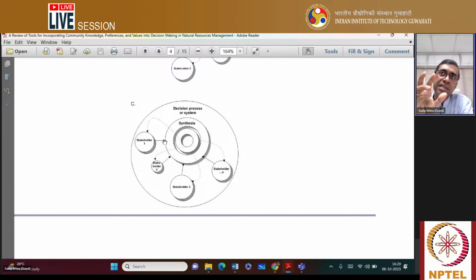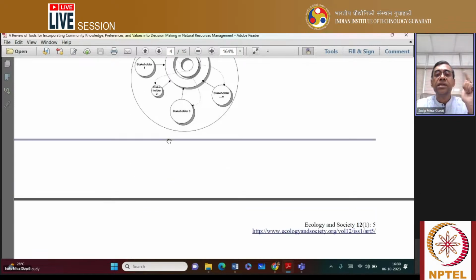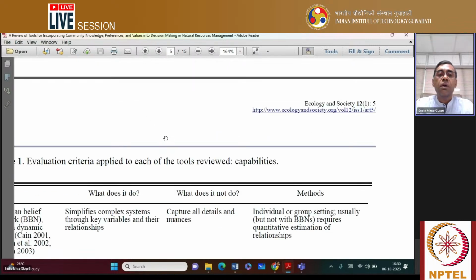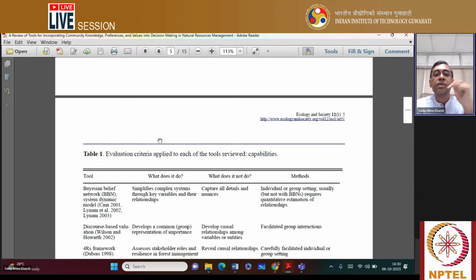Because remember that the need for people's sustainable livelihood and sustainable living will have to come from their surroundings. So the utilization of natural resources from the ecosystem where people are living has to be critically studied. That is the important part of a decision making process.